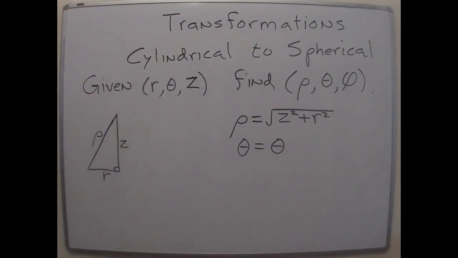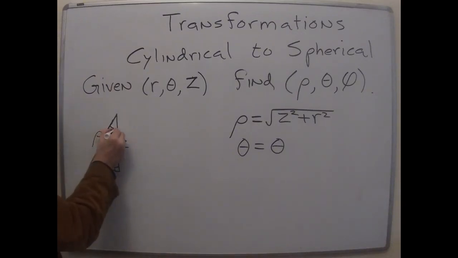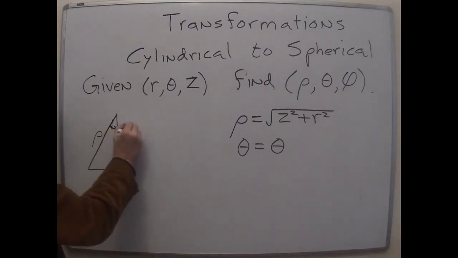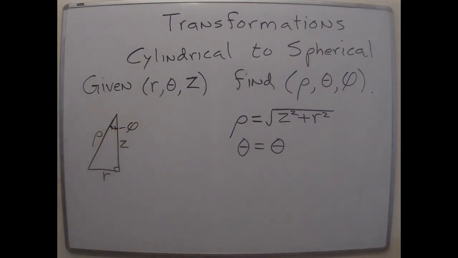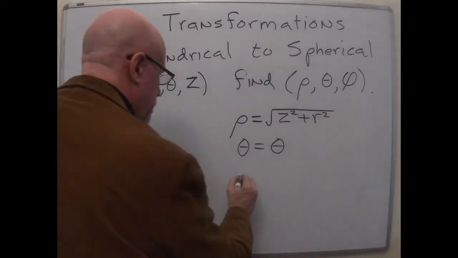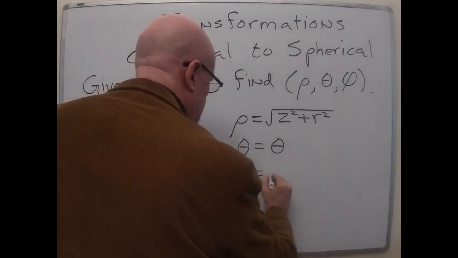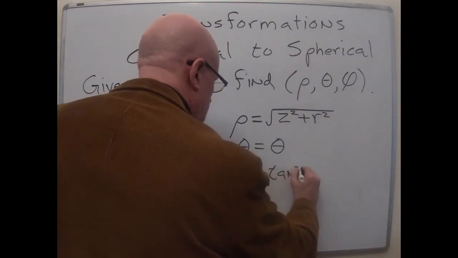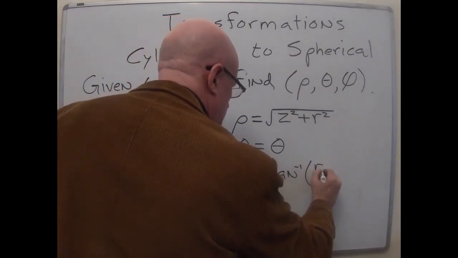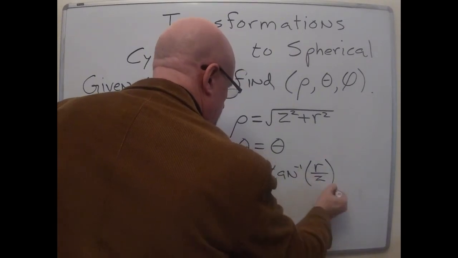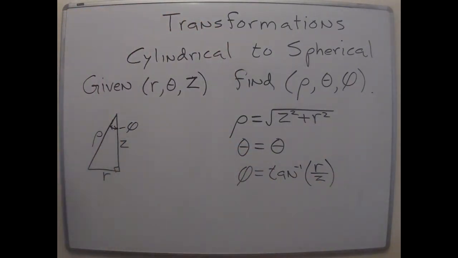Well, what else do we need? We need the angle phi, which if you'll recall was up at this location in this triangle. The tangent of phi is r over z, opposite over adjacent. Take the inverse tangent. Let's see, z could be both positive and negative.